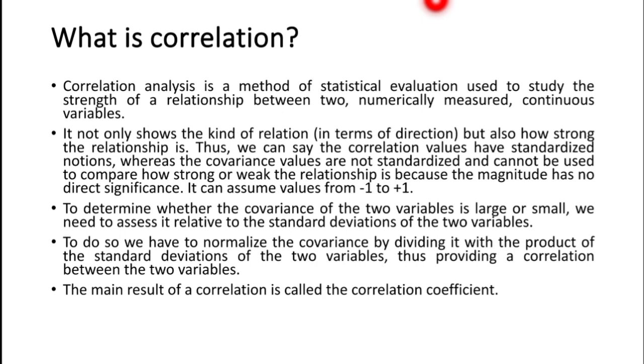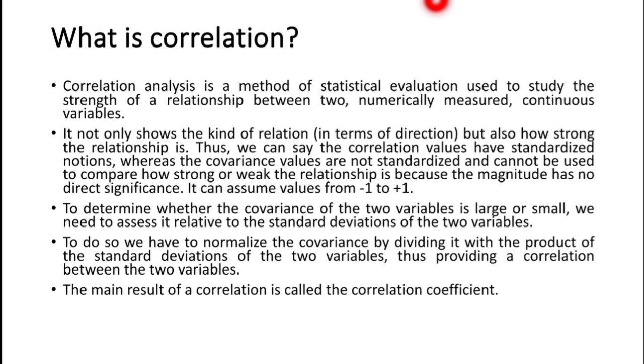So I can't tell how strong or weak the relationship is in covariance, because the values are not standardized. That means values can range from minus infinity to plus infinity. I told you opposite ends, but here values are standardized in correlation. That's why I can tell how strong or weak they are.